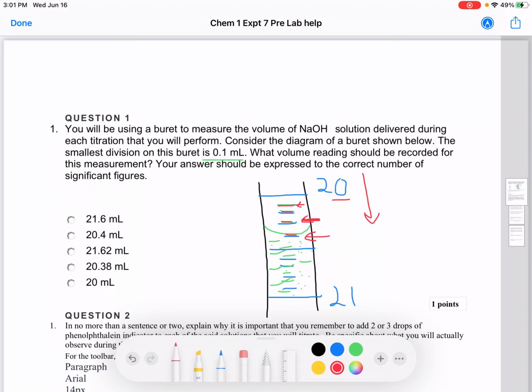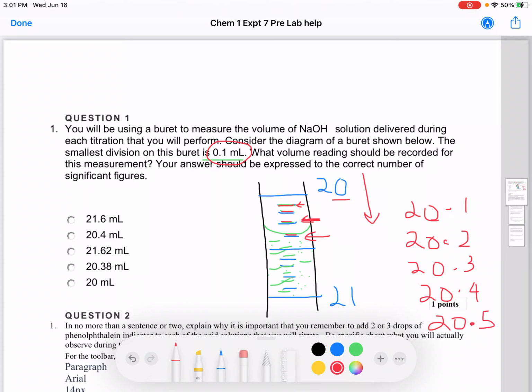It also says the Buret reads up to 0.1. So what you can read is 20.1, 20.2, 20.3, 20.4, 20.5. That's what the Buret reads.